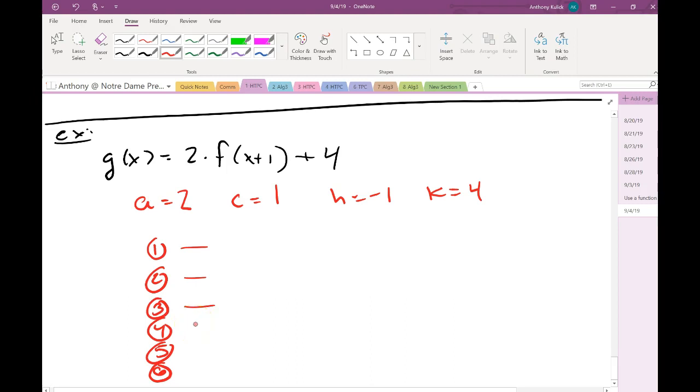If the absolute value of A is greater than 1, I have a vertical stretch by a factor of 2. For 5, this is about the horizontal lefts and rights. So if H is -1, it means we're going left 1 unit. And if K is 4, it means we're going up 4 units.